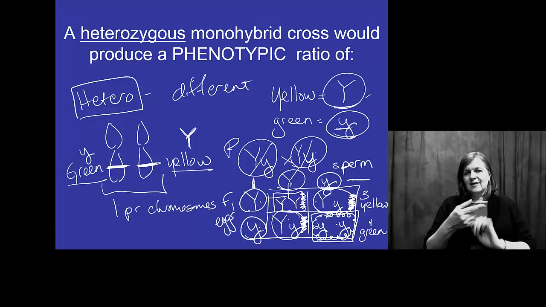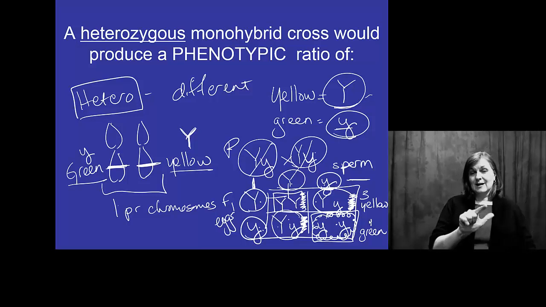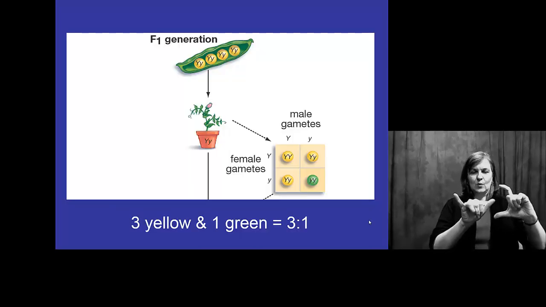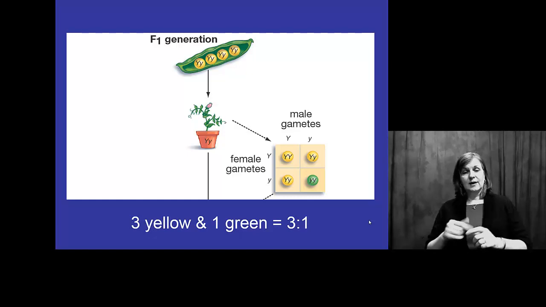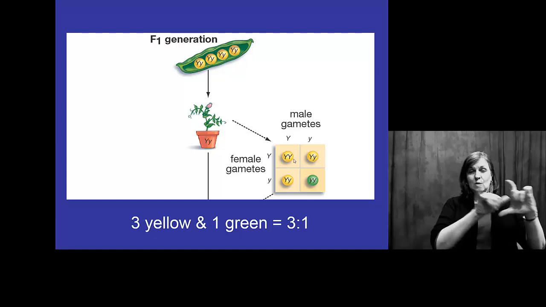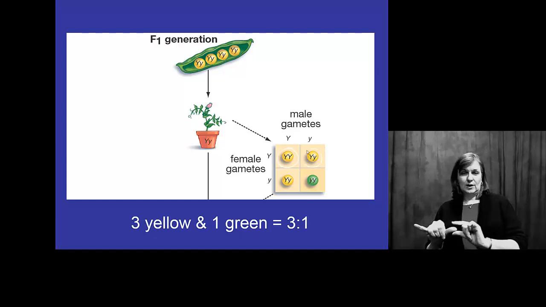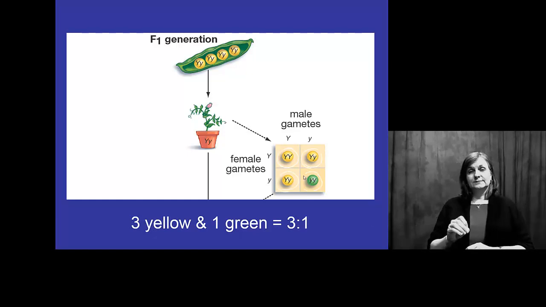We'll look at more of these as we go through, but I want you to think about what this actually means for our individuals. So we are getting 3 yellow and 1 green as we predicted. Here it is in nice color for you. That genotype, though, actually looking at what's going on with the alleles themselves, is not 3 to 1, right?